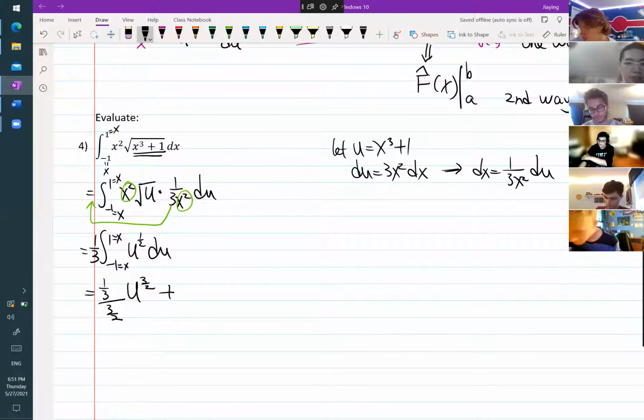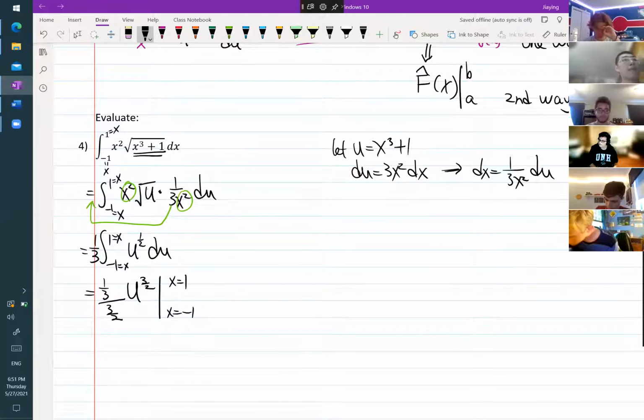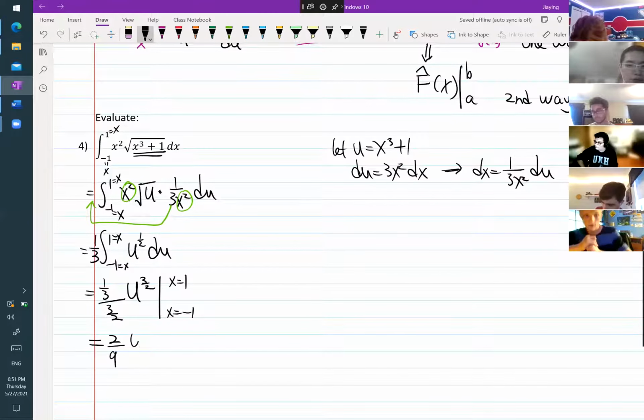Sorry, I forgot a 1/3, so I still have 1/3 in front of it. Plus the constant c, but we don't need that because this is a definite integral. So we're evaluating this expression from x equals -1 to x equals 1. Simplifying a bit, 1/3 divided by 3/2 gives 2/9 of u to the 3/2, evaluating from x equals -1 to x equals 1.